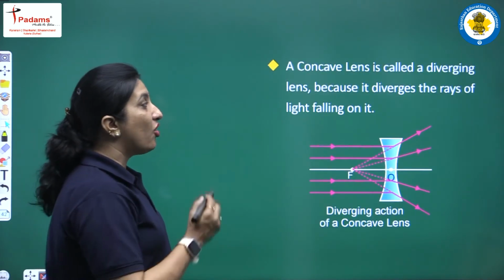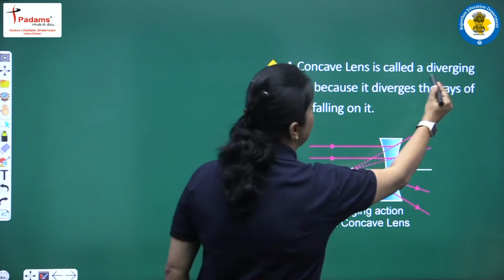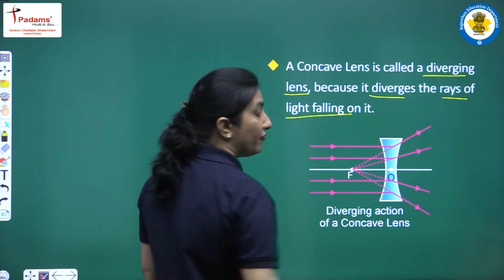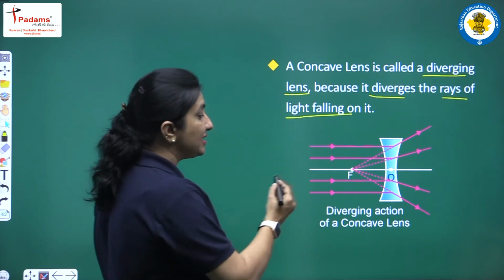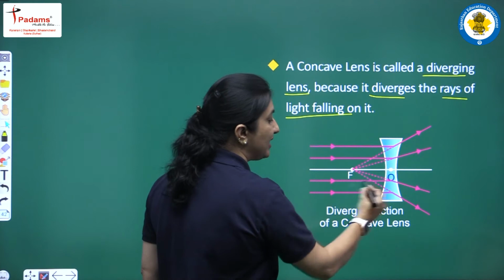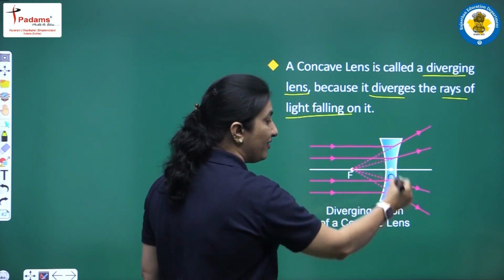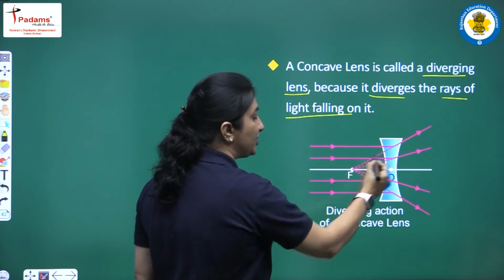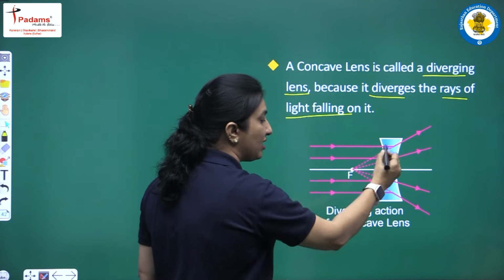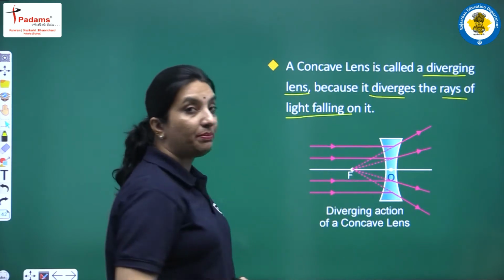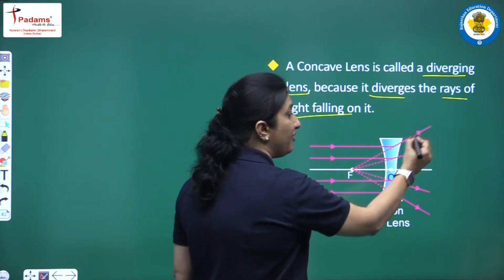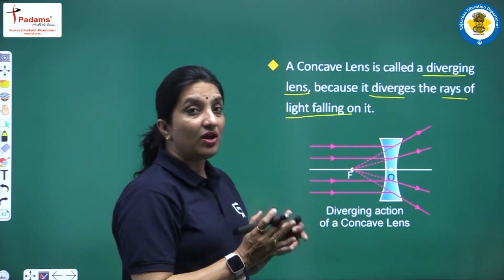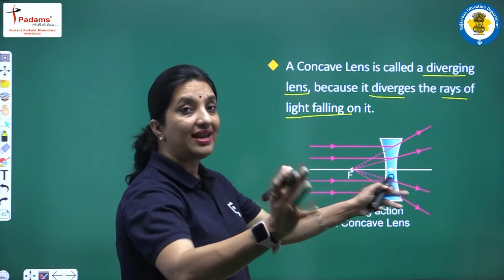Now students, a concave lens is called a diverging lens because it diverges the rays of light falling on it. All the rays of light which are incident on this concave lens, coming parallel to the principal axis, after refraction move in these directions, and all these refracted rays are diverging.